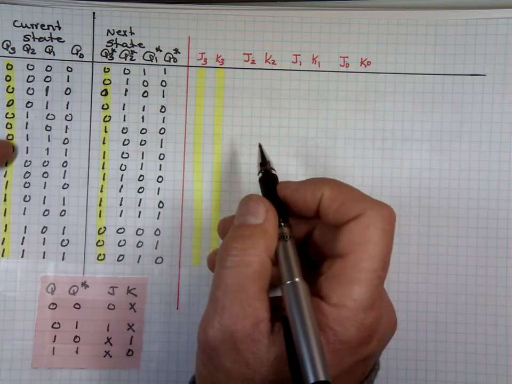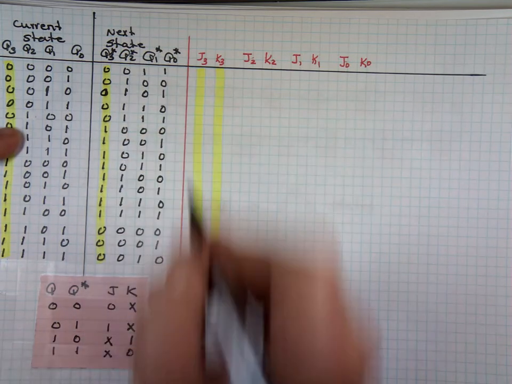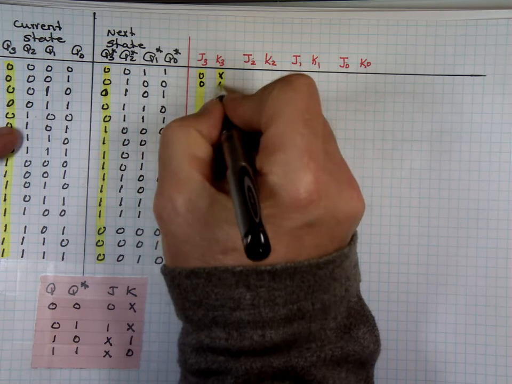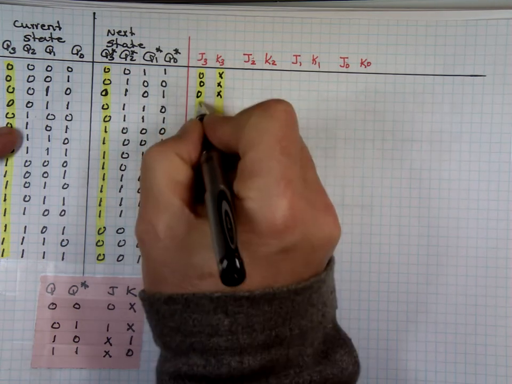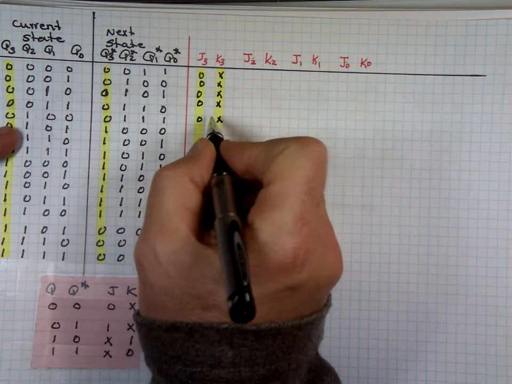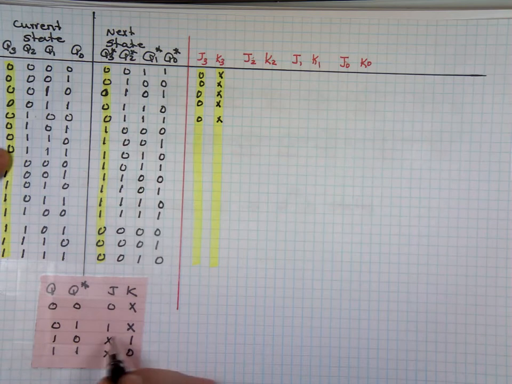I see the first 1, 2, 3, 4, 5, 0 to 0. That's 0 and don't care. Then I see 1, 2, 3, 0 to 1. 1 and don't care.